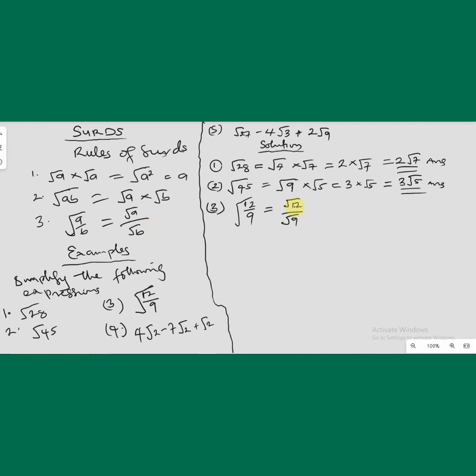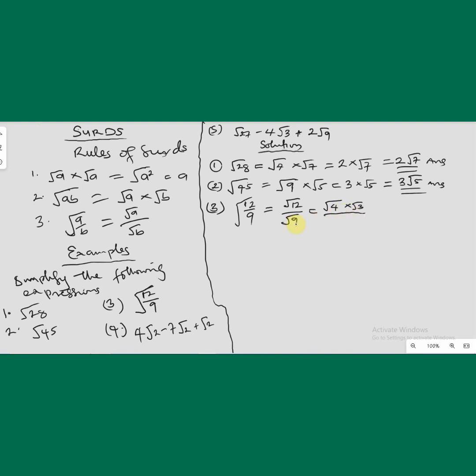So I'll now break 12, because I can't get the square root of 12 directly. I'll break it down to 4 and 3. So this is going to be square root of 4 multiplied by root 3, because square root of 4 times square root of 3 will give me square root of 12, divided by surd 9.